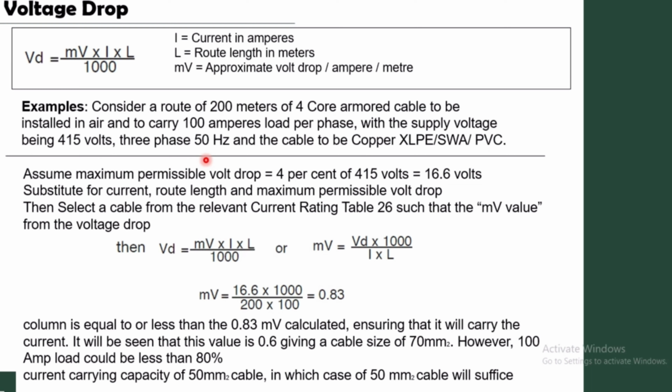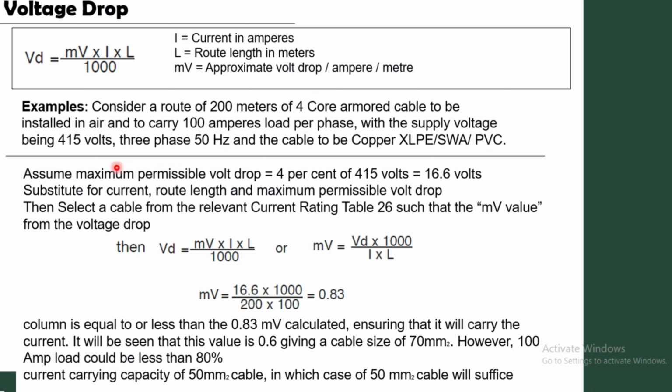To calculate the voltage drop, I can use the simple equation, which is VD equals MV multiplied by L multiplied by I, divided by 1000, where I is the current in ampere and L is the route length in meters, and MV is the approximate volt drop per ampere per meter.